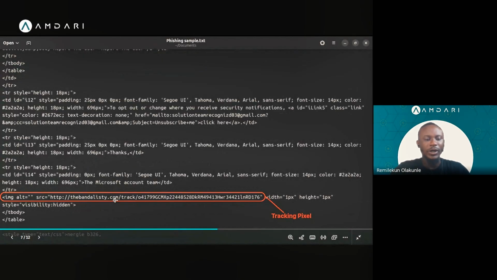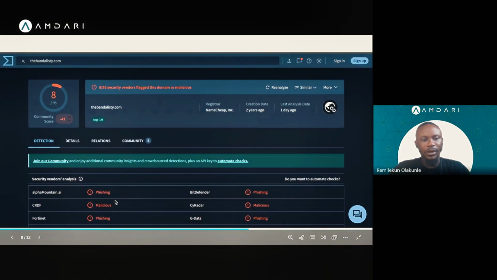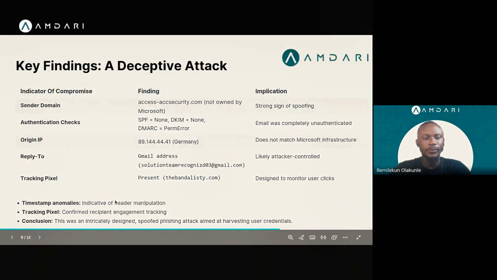So basically, this is a tracking pixel to track the activities of the user on the email. Now, this is a clear indicator of compromise that this email is malicious. And here is a screenshot of us verifying the tracking pixel on a threat intelligence platform.